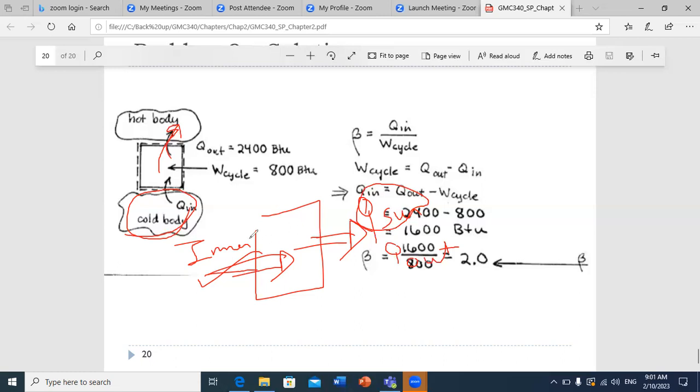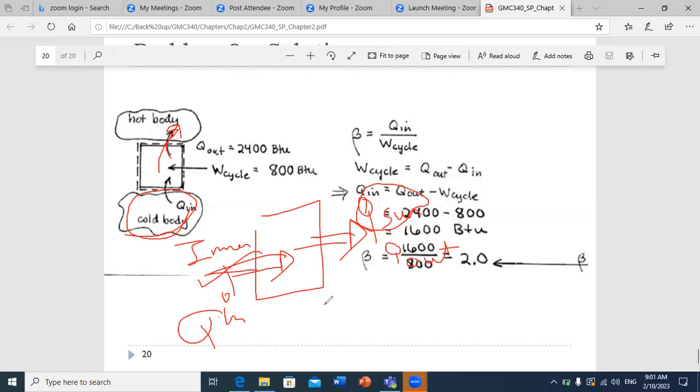Okay, so again, all of these will be clearly stated in an exam. Here you have the Q that you are taking from the space. I will call it Q inner. To find Q inner, you need to write the balance for your system.